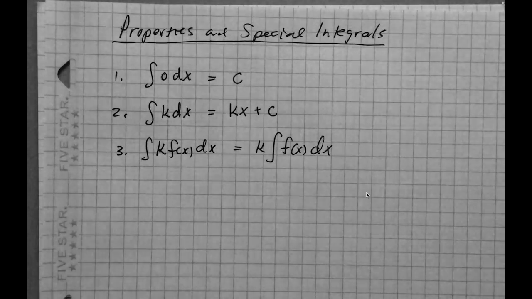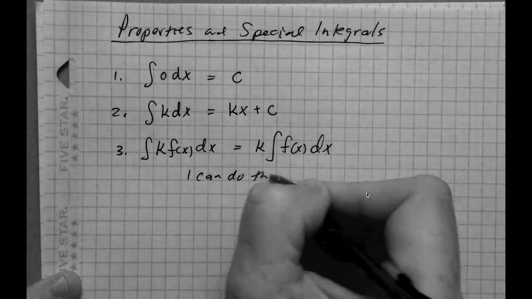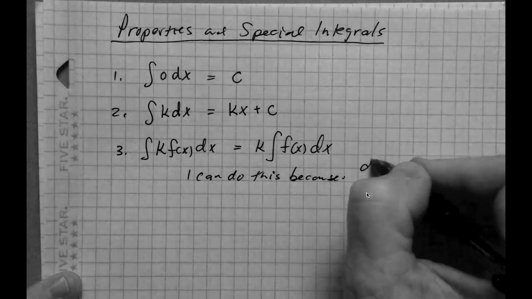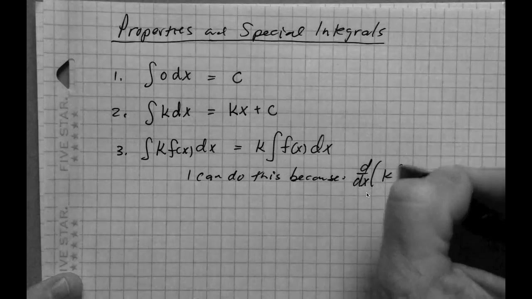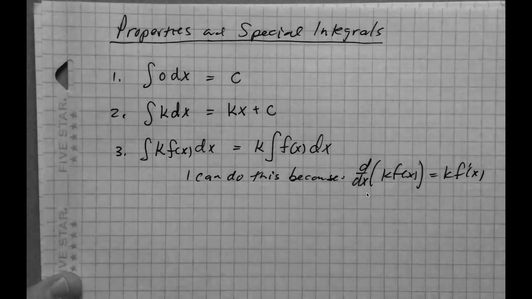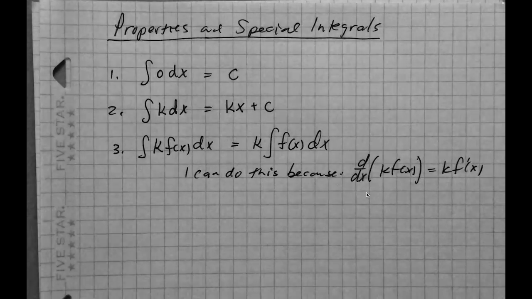So integrate f, multiply it times k. I can do this because with the derivative, d/dx of k f of x is equal to k times f prime of x. We know that from our differentiation: I can pull the constant outside of the derivative, differentiate the function, and then multiply it times the constant.